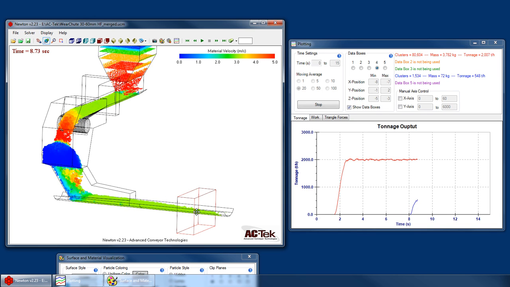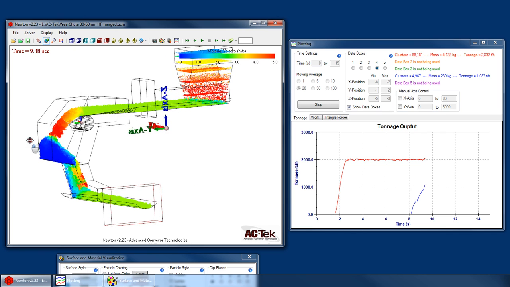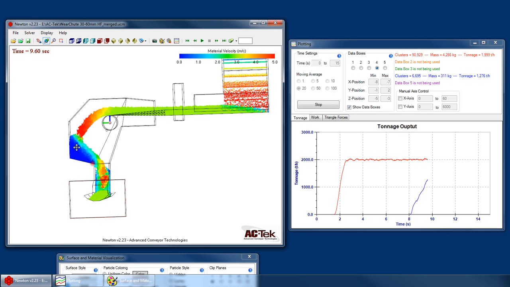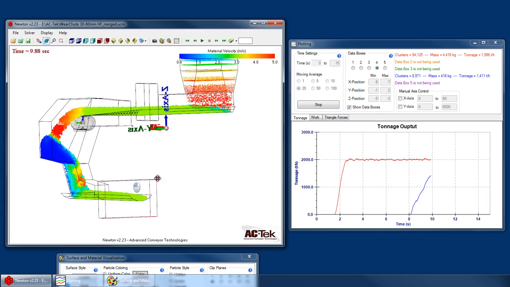As we would expect, the curve that we see for the output box is not rising as quickly as the input curve because we have a buildup taking place in this rock box. Until that rock box is completely built up, and it looks like it's there already, we won't see the output match the input tonnage.